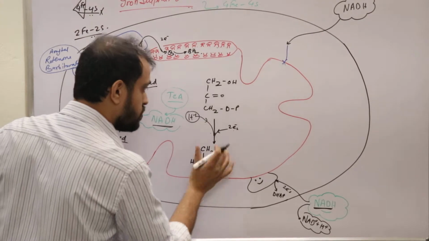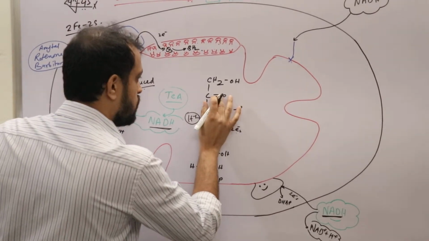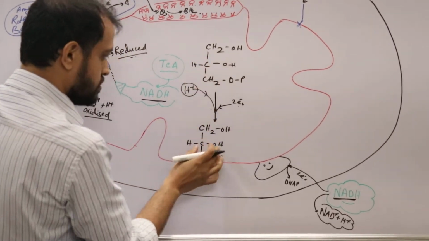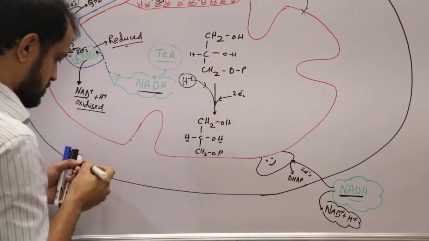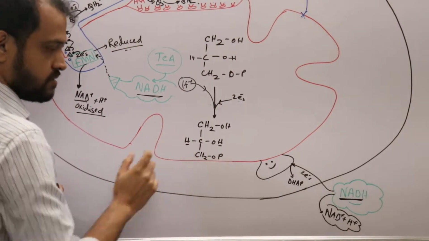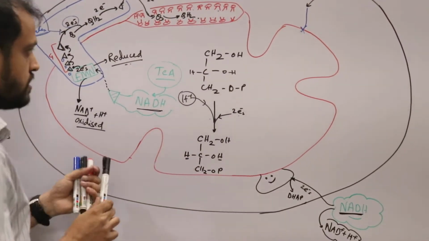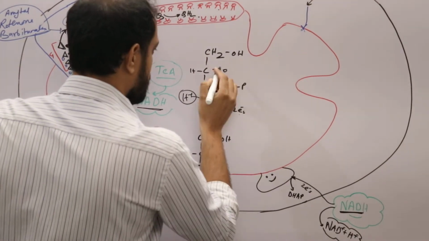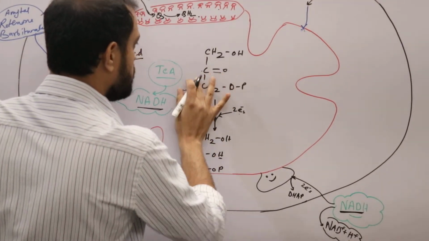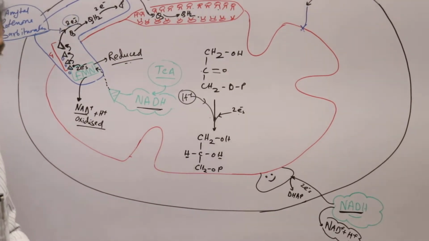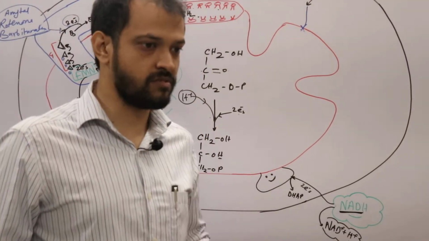These two H's are being added like this. These are your hidden electrons. What is this? Glycerol 3-phosphate. That means what we are simply doing is reducing dihydroxyacetone phosphate, nothing else.